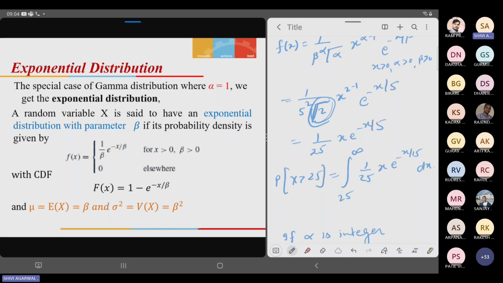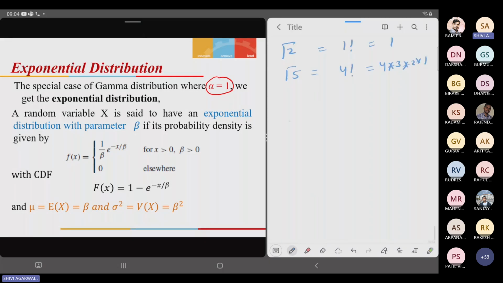Now the next distribution is the exponential distribution, and the exponential distribution is a special case of the gamma distribution. In the gamma distribution there are two parameters, alpha and beta. If alpha is equal to 1, then it becomes an exponential distribution, so only one parameter remains.